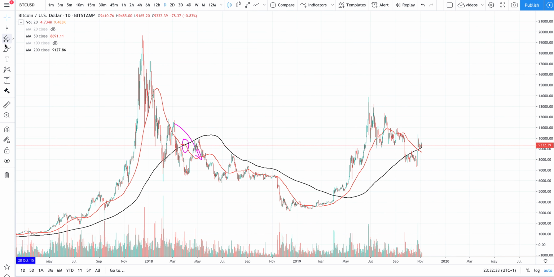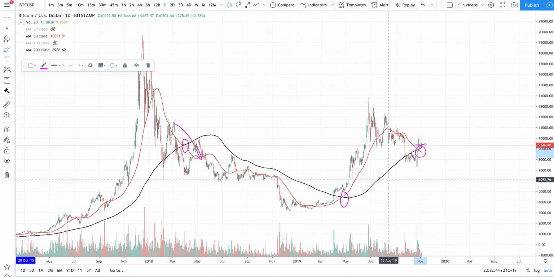Okay, but now we also have a golden cross. We have a golden cross here, a death cross here, but what does this mean? This means that Bitcoin is again a fact?